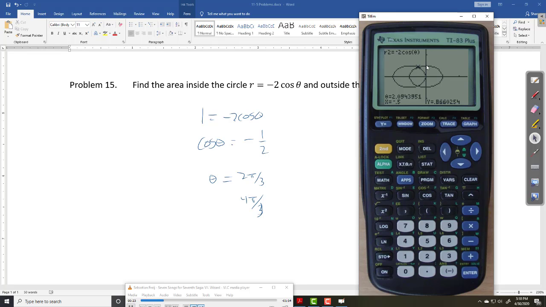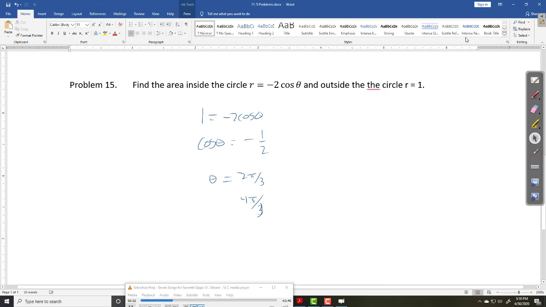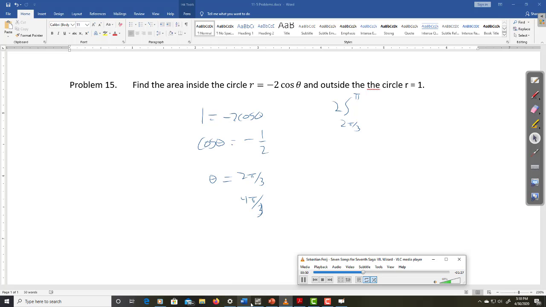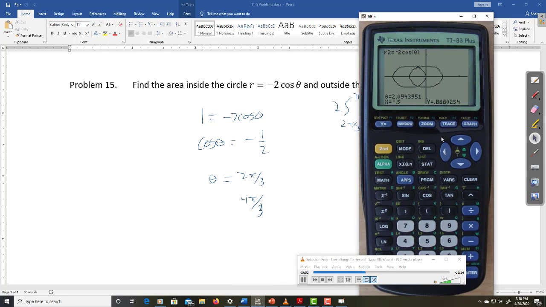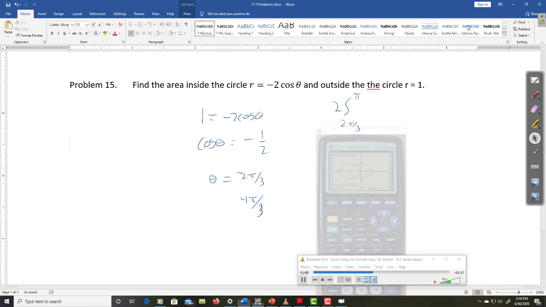But since it's symmetric vertically, again, you only really have to find one of them, and it's from there to there, so that's from 2 pi over 3 to pi, and then we can just double it. So we want to do 2 pi over 3 to pi, doubled. The outer function, the outer radius, is this one, negative 2 cosine theta.